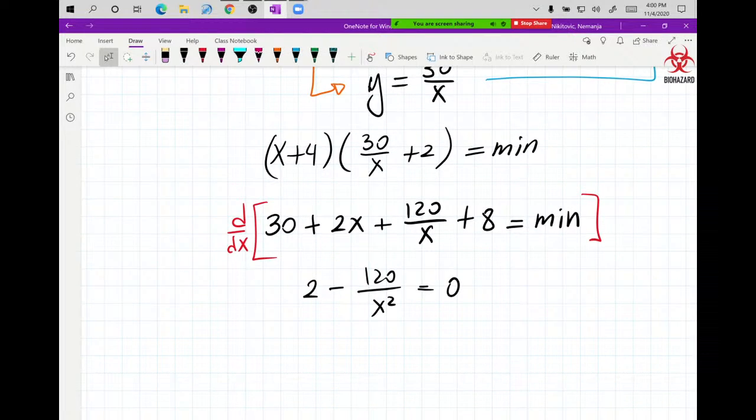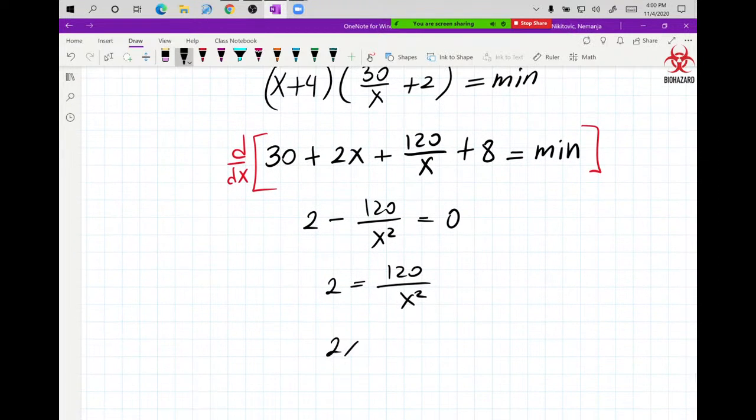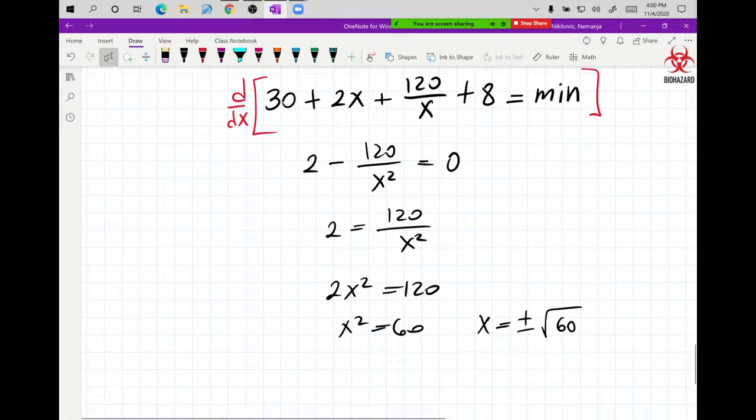Just solve this. It's a basic equation. 2 equals 120 over x squared, which is 2x squared equals 120, x squared equals 60, and from there, x equals plus or minus square root of 60. Well, x is length, right? So we're not going to deal with the minus.